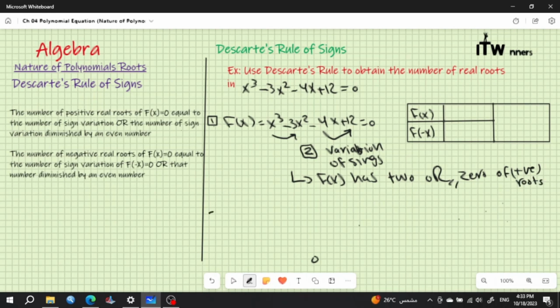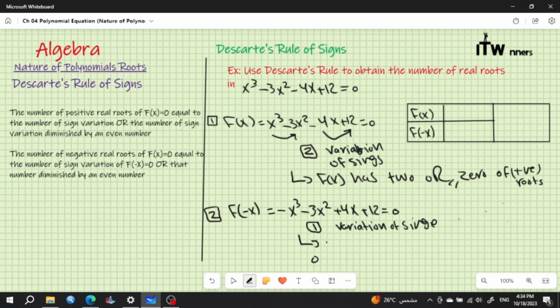Okay, again, with f of negative x equal to negative x cubed minus 3x squared plus 4x plus 12 equal to 0, we have only one variation of sign, then f of x has one negative root.